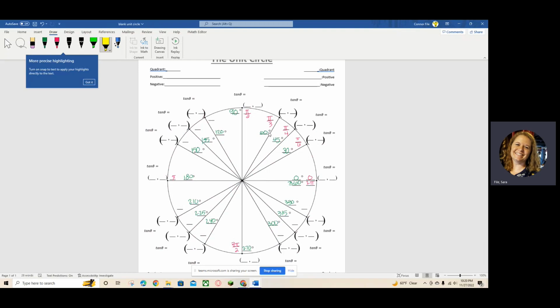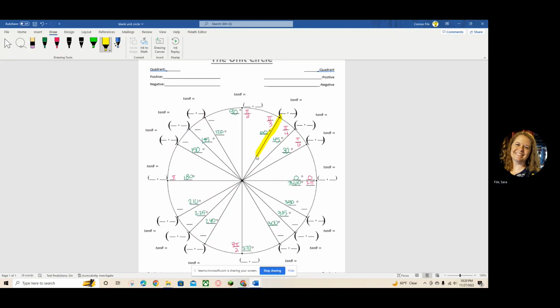So for instance, everything that has a 60-degree reference angle, so I'm just going to highlight here, each of these that we said was 60 degrees away from the x-axis. So that's the 60, the 120, the 240, and the 300. All of those will be something over thirds, pi thirds.